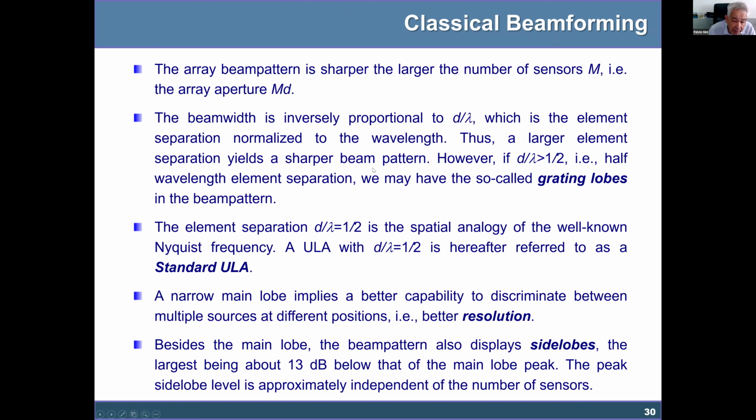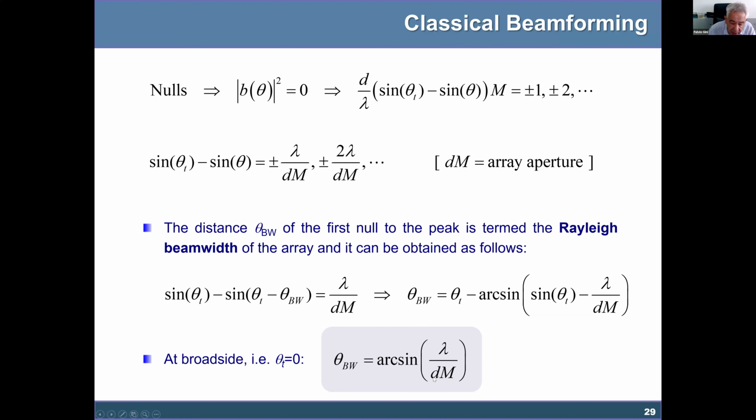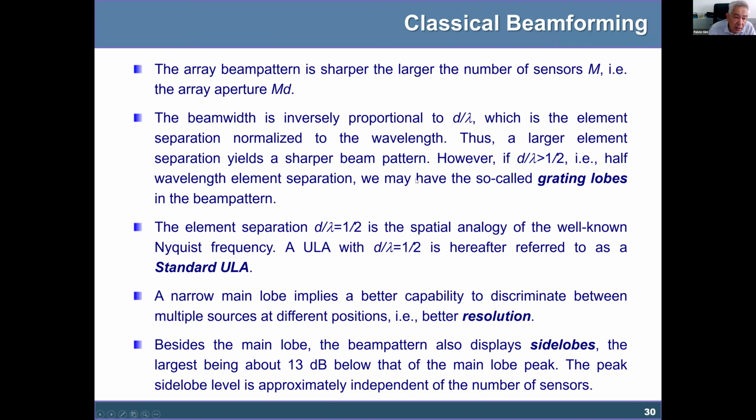Then if you fix M and you analyze as a function of d over lambda, the beam width is inversely proportional to d over lambda. So as I said, d over lambda should be the greatest possible, but we cannot make d over lambda greater than 0.5.